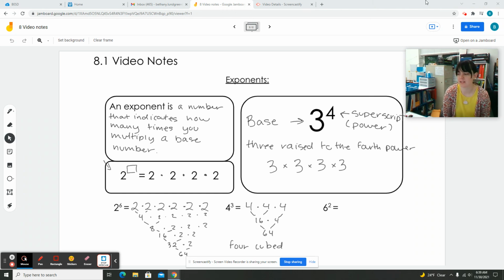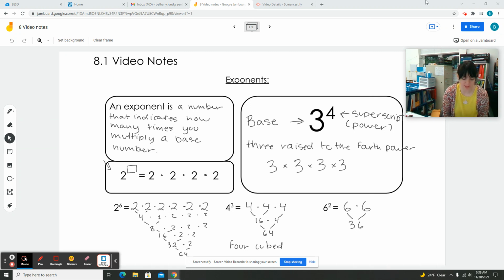Okay, the last one is 6 to the 2nd power, which our base number is 6, and we're going to multiply it 2 times, just like that. Okay, and then we are going to evaluate this, but this one's pretty easy. The 6 times 6 is 36. Now, there is a special way that we can call this too. When there is something raised to the 2nd power or to the power of 2, we can call that squared.